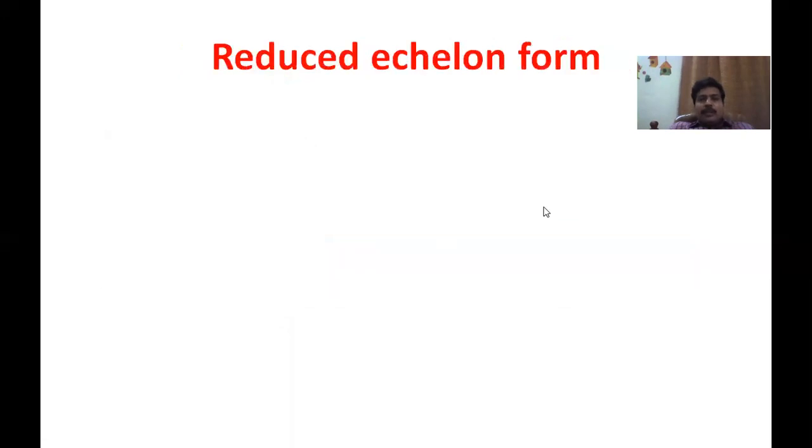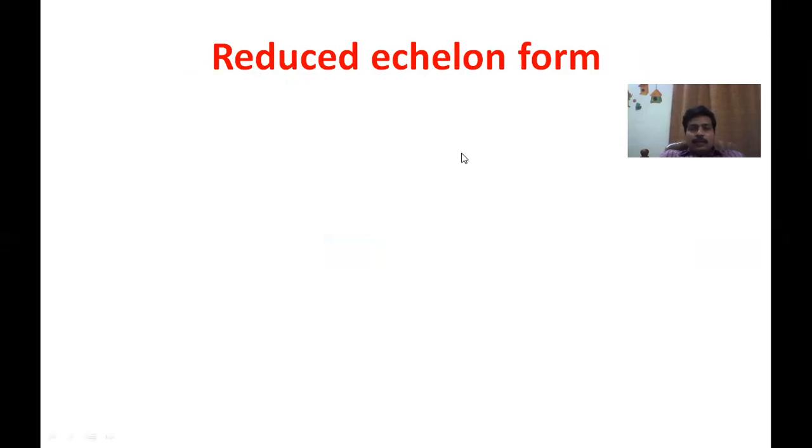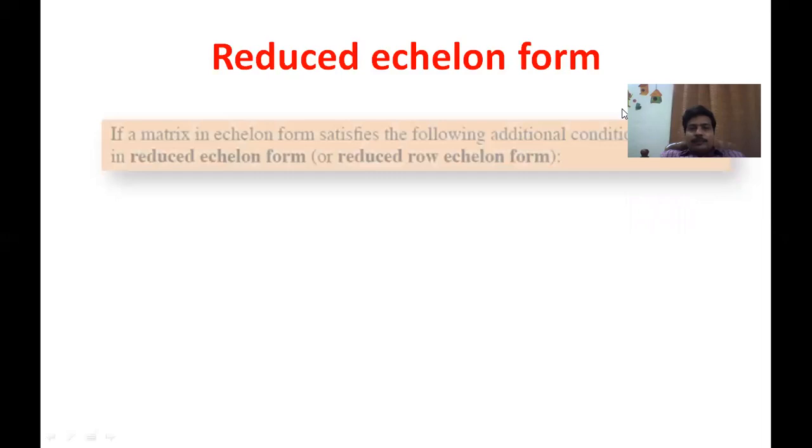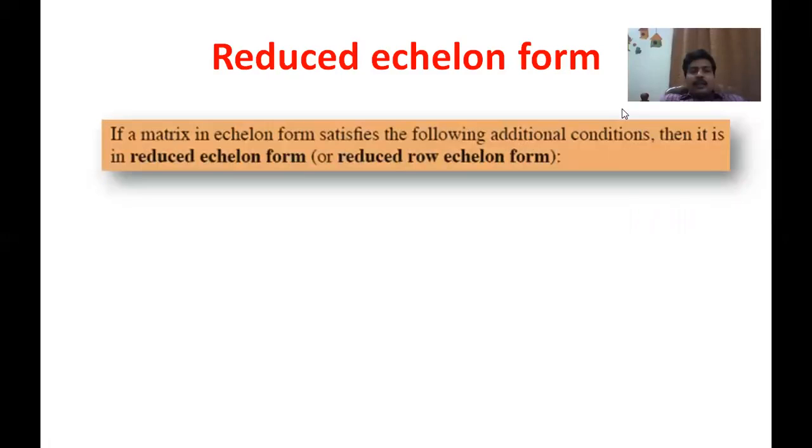Let us move on to reduced Echelon form. If two more conditions are imposed on this one, that will become reduced Echelon form. If a matrix in echelon form satisfies the following additional conditions, then it is in reduced echelon form, or we can call it reduced row echelon form.